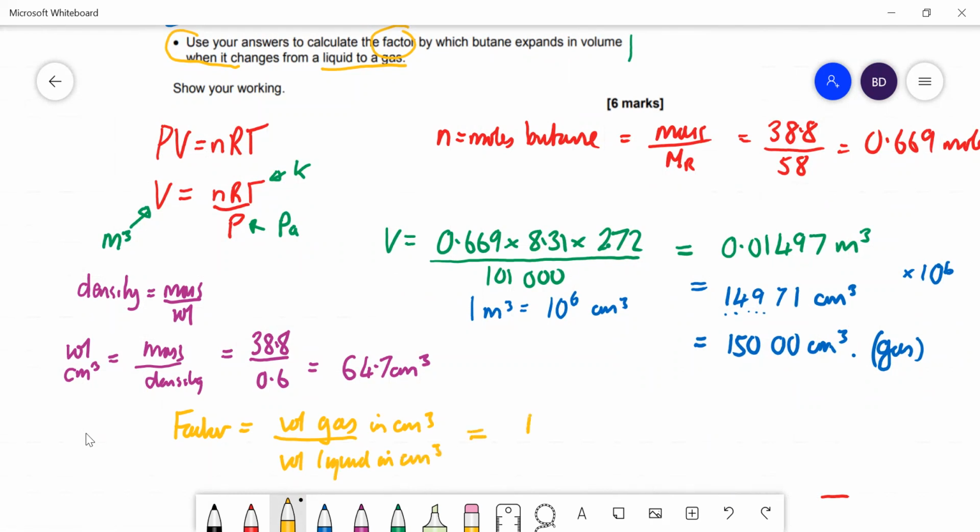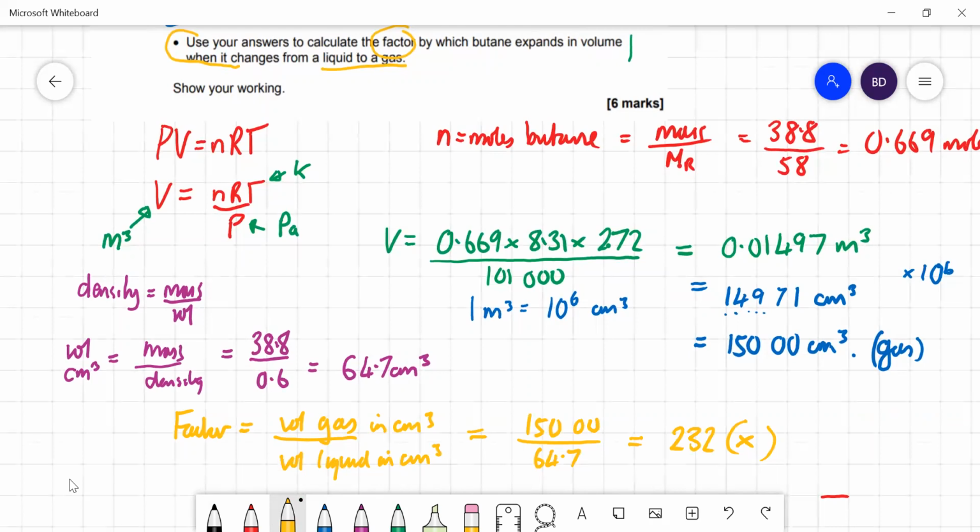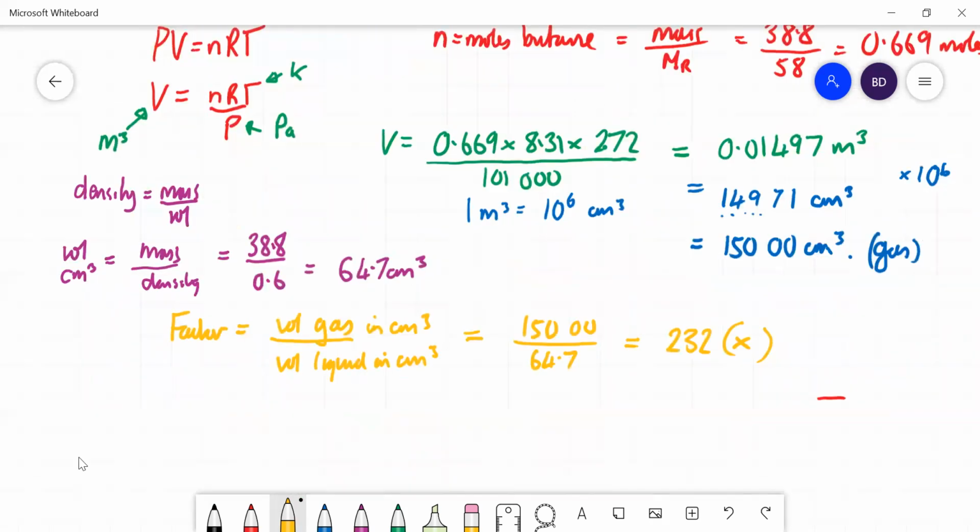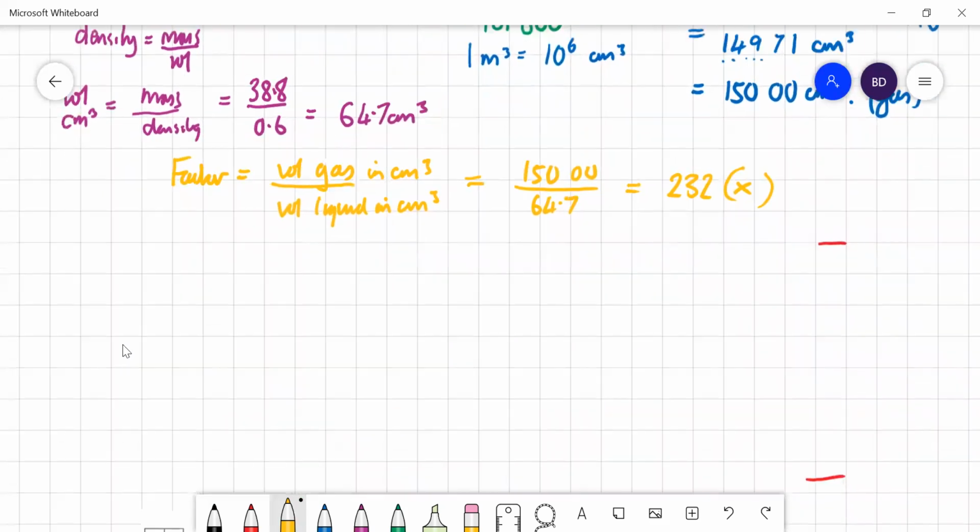So that's going to be 150,000 divided by 64.7, which is going to give us a pretty big number. That gives us 232 as the factor. So its volume increases by a factor of 232. That's quite an unusual question, that one. Different to other ones.